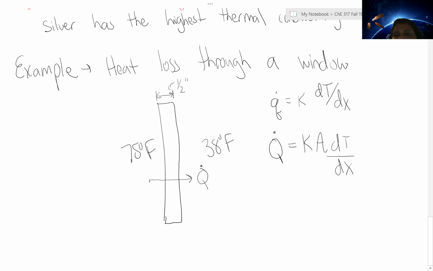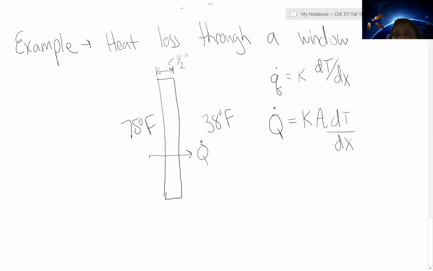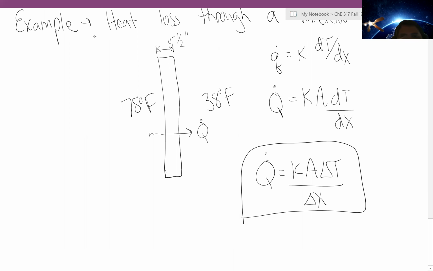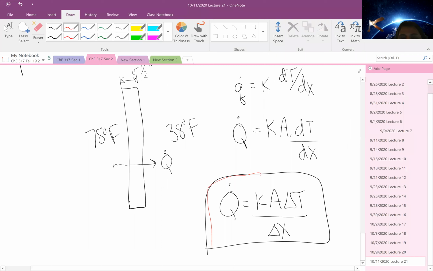And if, instead of considering it in terms of the differential gradient, I can approximate it as a comparison between 2 points of interest, I can say Q equals K A delta T over delta X. I would probably keep this somewhere that you can easily refer to it, because when we're looking at conduction, aside from the differential form, this is the form that we're going to be using most often.